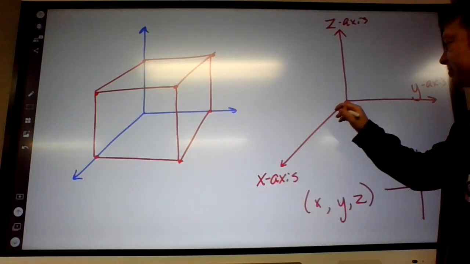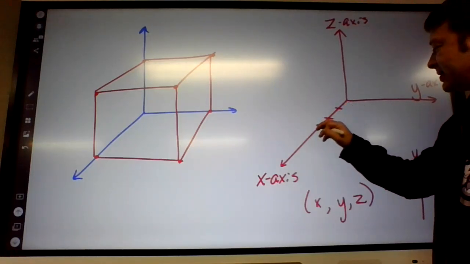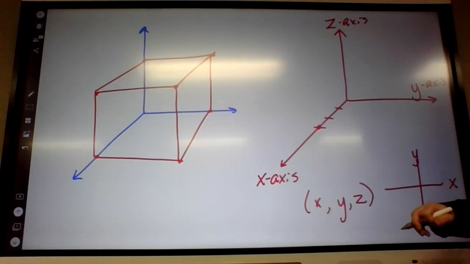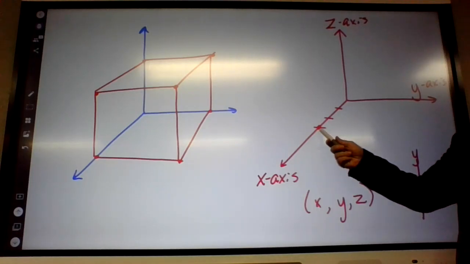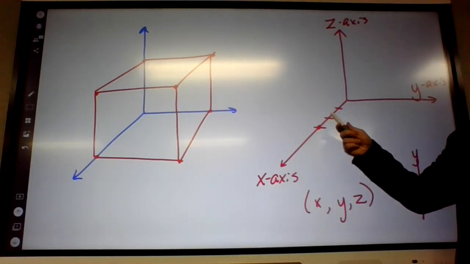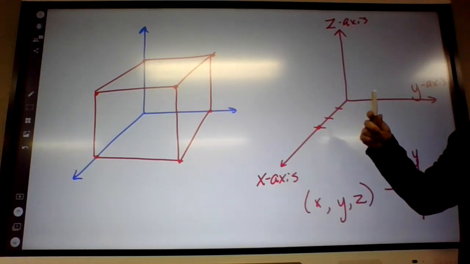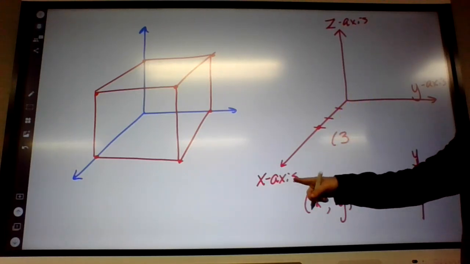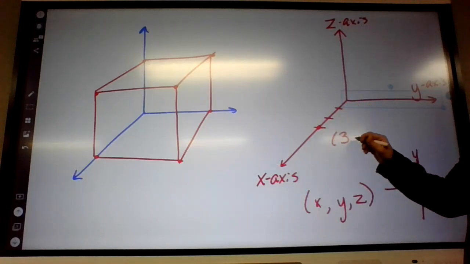So, let's start with this. If I go on the x-axis and put a point right there, anybody want to guess what the coordinates of this point are? 3, 0, 0. You got it. The x-coordinate comes first.